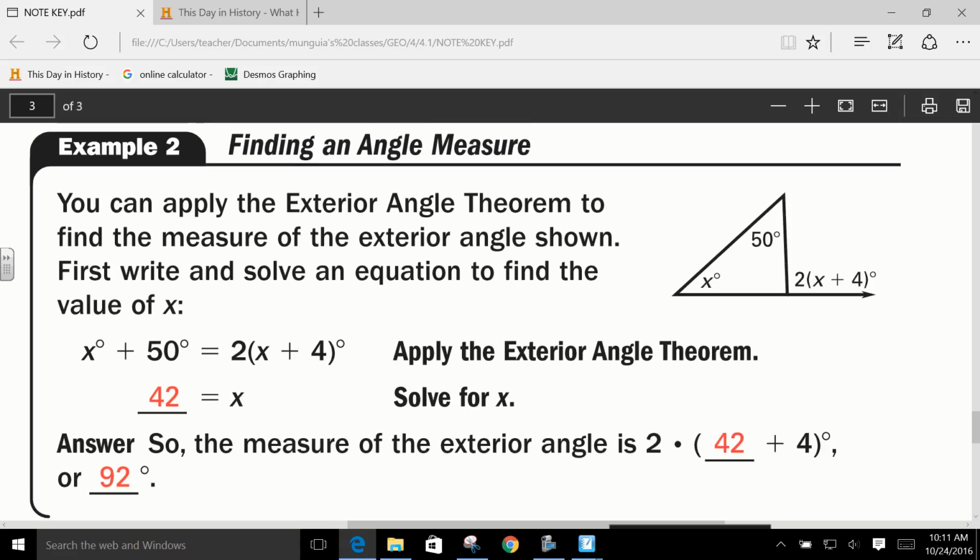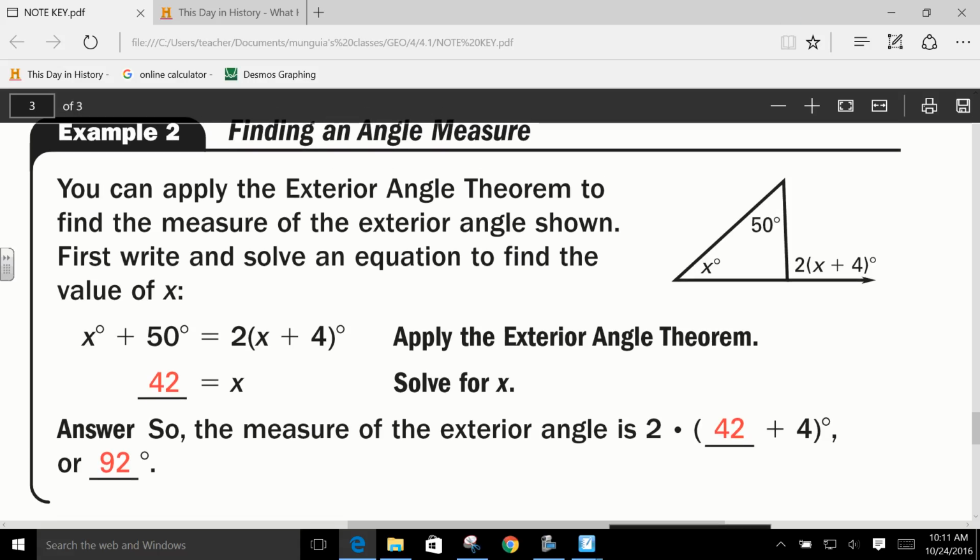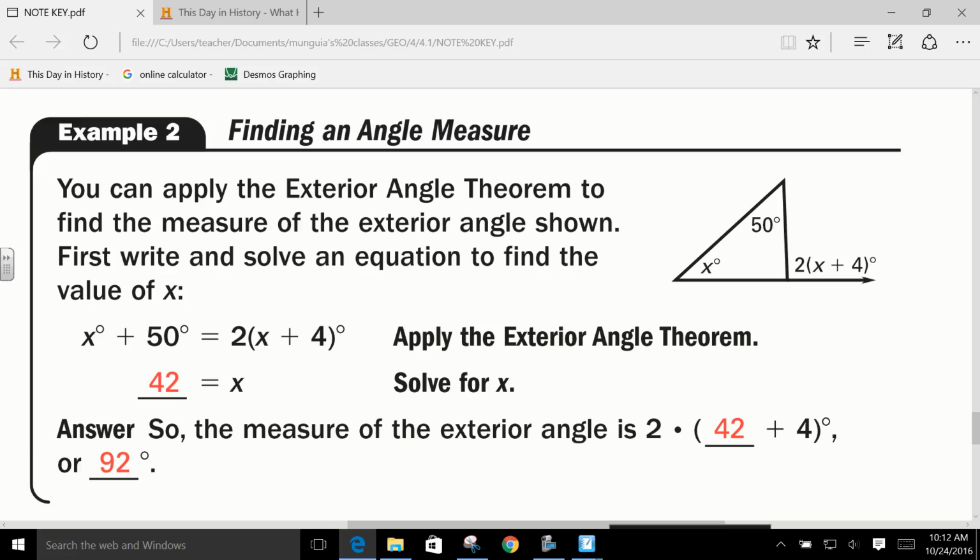So look at this example here. We want to solve for x, and notice how x has to do with not only the interior angle, but also the exterior angle. And so look at the equation that's set up.